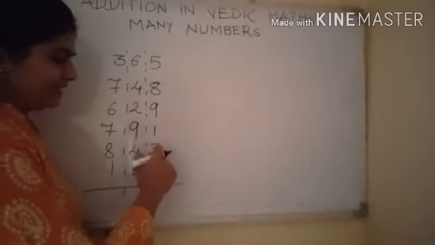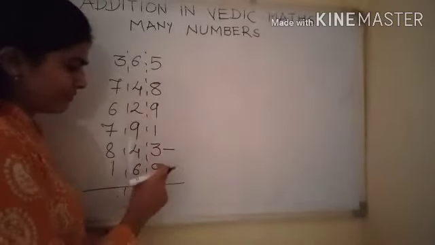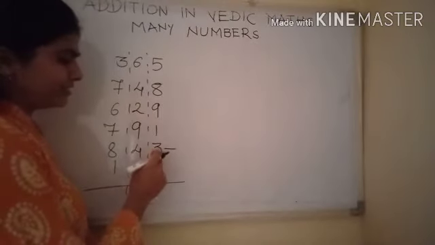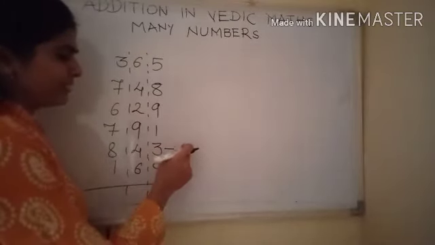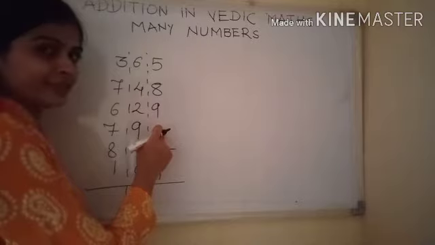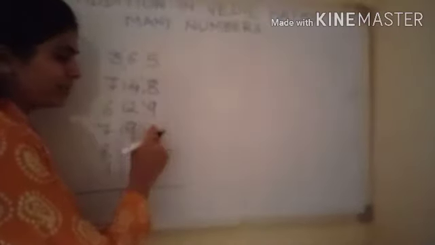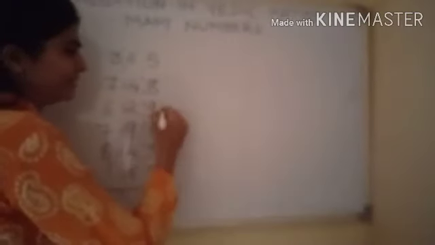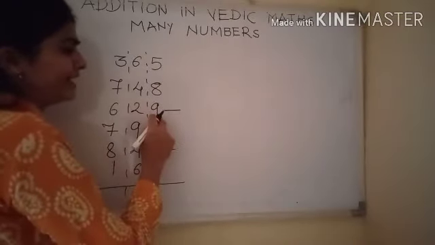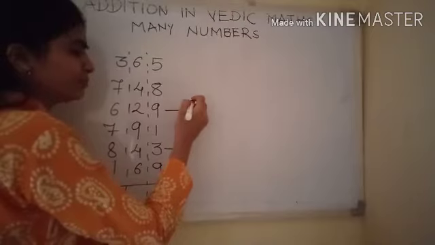9 and 3 carry combination, so hyphen, and 9 and 3, that is 2. Keep this 2 in mind. Now 2 and 1, 3, non-carry combination, no hyphen. Now 3 and 9 carry combination. 3 and 9 is 2. Keep 2 in mind.